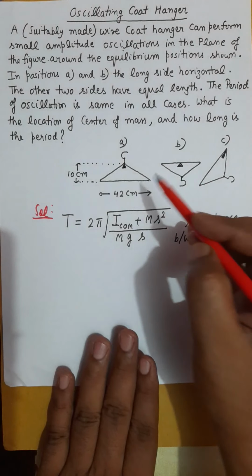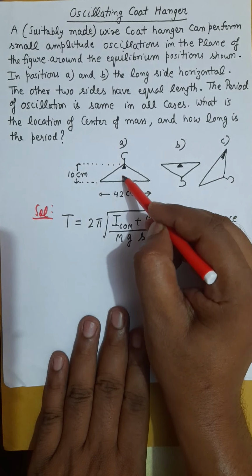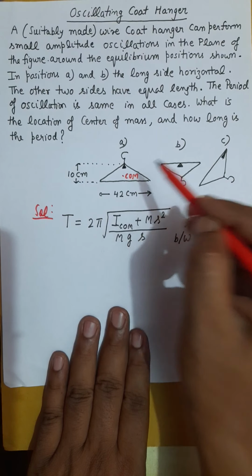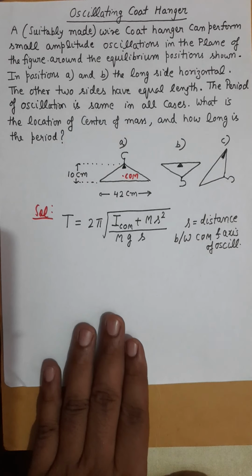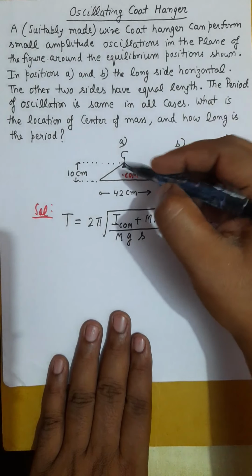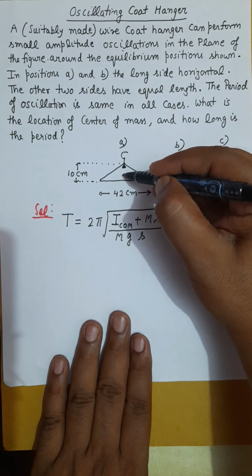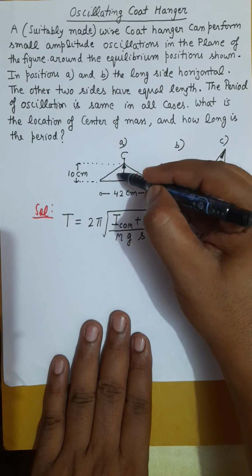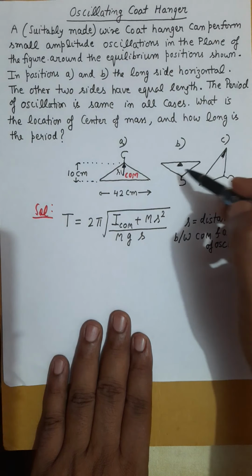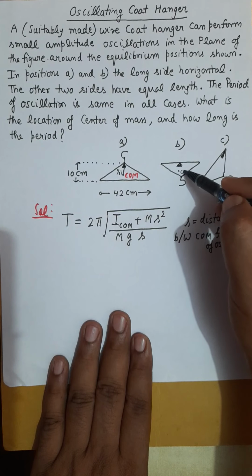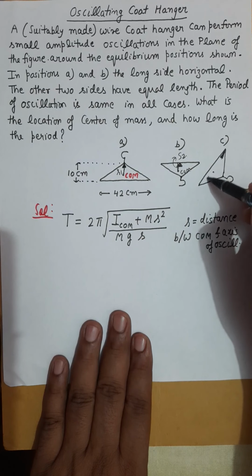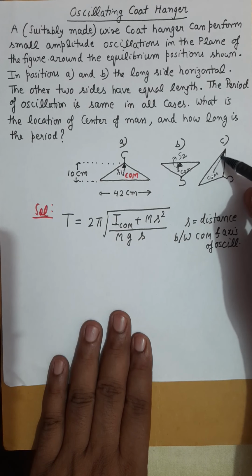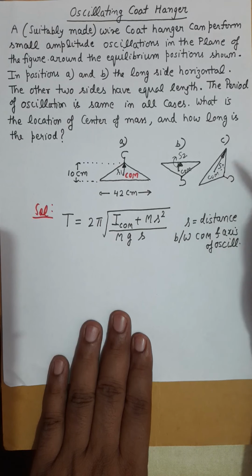Now, if we assume the center of mass of the figure at some location, at some distance, we denote the distance from this vertex by length S1, the distance of the center of mass from this point is, say, S2, and from this point is, say, S3.